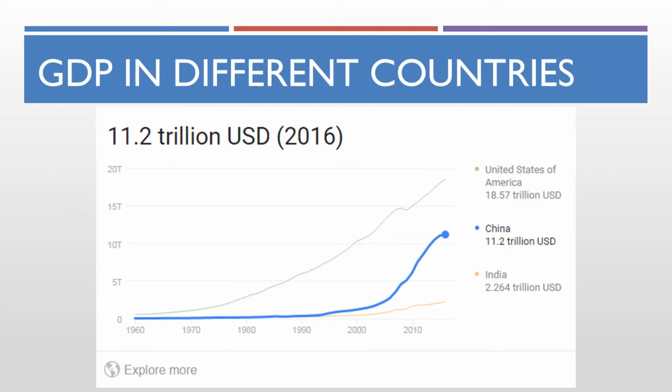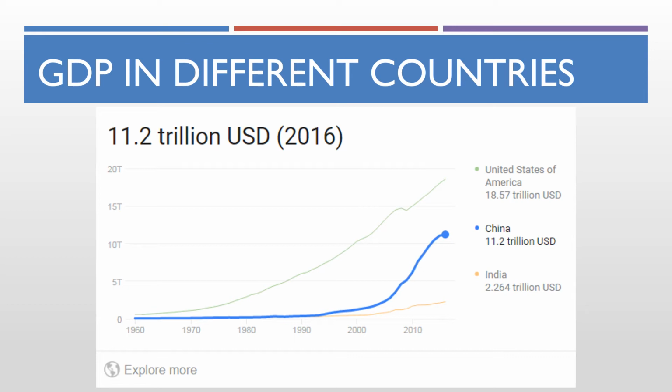So here are some interesting facts about GDP across different years in different countries. This is data you can find on the World Bank website, comparing the United States, China, and India GDP over time. I'm hoping you can see the very strong growth trend in the United States.